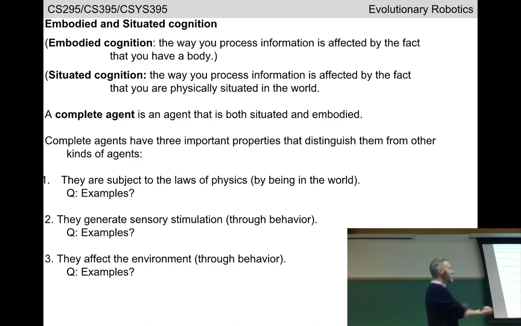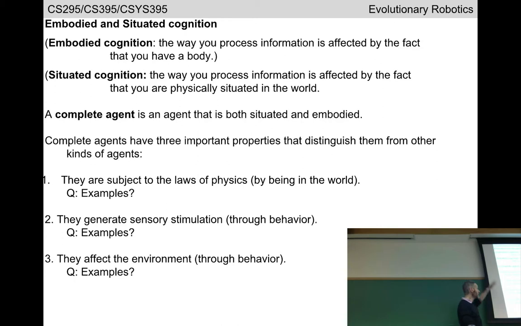The minute you start to think about an agent that has a body and can sense repercussions of its actions, there are interesting properties of complete agents. And if the complete agent happens to be a robot, we can program that robot or evolve that robot to exploit some of these properties. So a big part of what we're going to see as we go through this course is how evolutionary algorithms exploit certain properties of complete agents to get them to do whatever we want those robots to do.